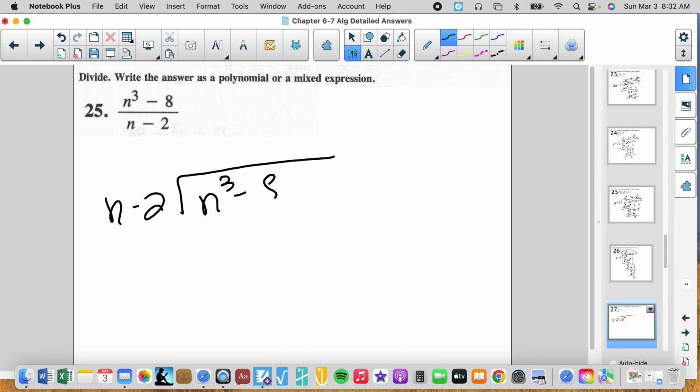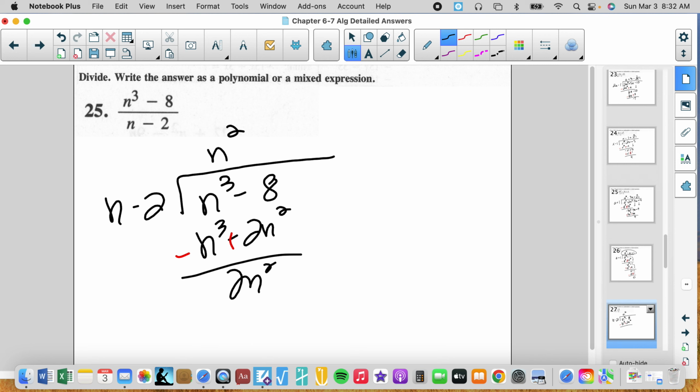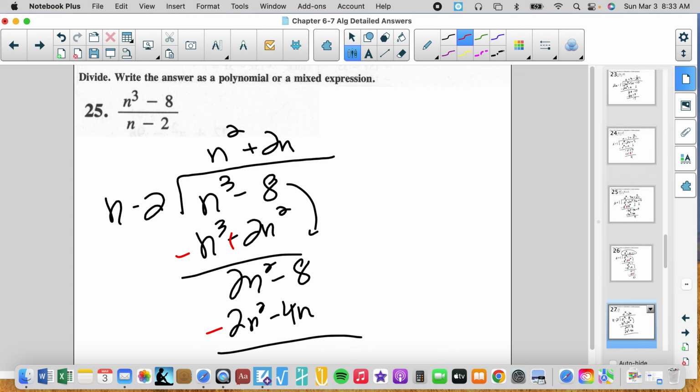N cubed minus 8, we'll multiply by n squared. N cubed minus 2n squared. Change each of the signs. 2n squared minus 8. Multiply by 2n. That's 2n squared minus 4n. Change the signs.